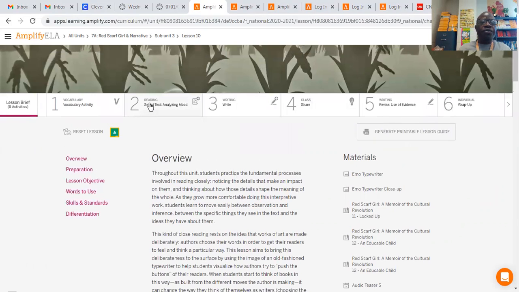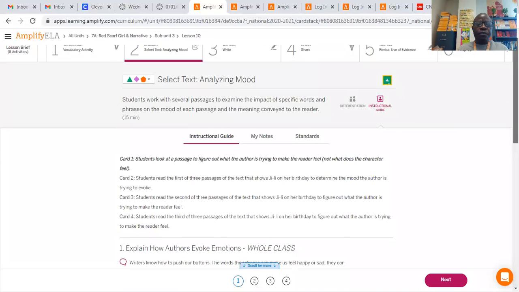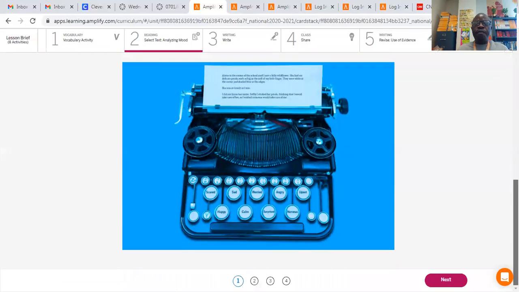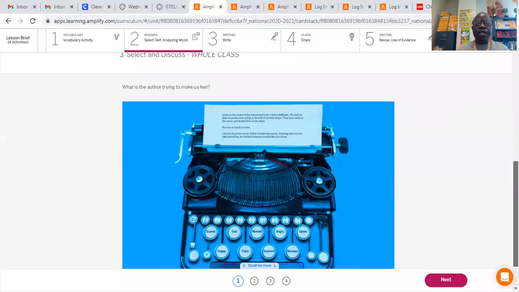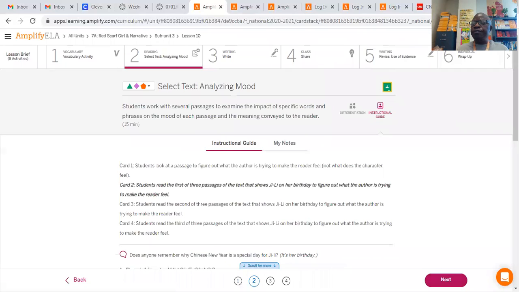Now, let's go to the reading. Okay, let's have a look at this, and then we'll go progressively.